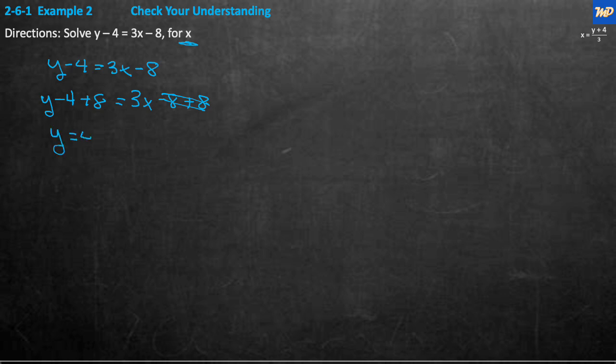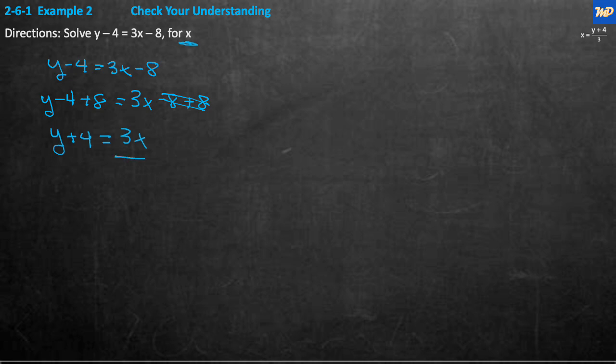Oh, sorry. The y doesn't equal anything right there. So y plus 4 is equal to 3x. Now we have to get the x alone by itself, which means we're going to divide both sides by 3.